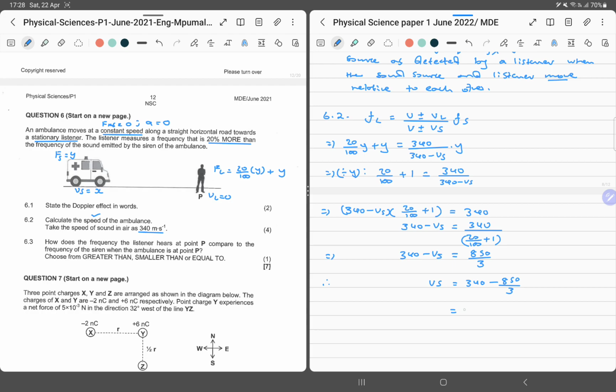So it gives us a 56, in the forward direction. But of course the question was for speed. So speed is a scalar quantity, so there's no need for direction.